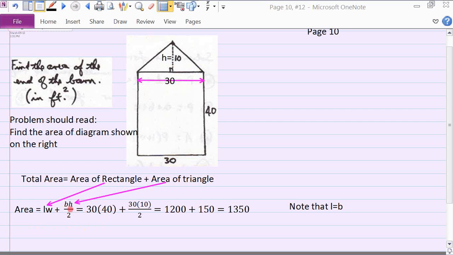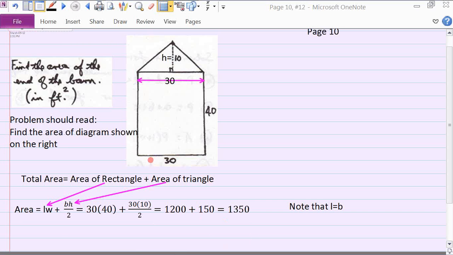So now if I add these two terms together, the length times the width is 30 times 40. Base times height divided by 2 is 30 times 10 divided by 2. The 30 times the 40 gives me 1,200. The 30 times 10 is 300 divided by 2 gives me 150. 1,200 plus 150 gives me 1,350.